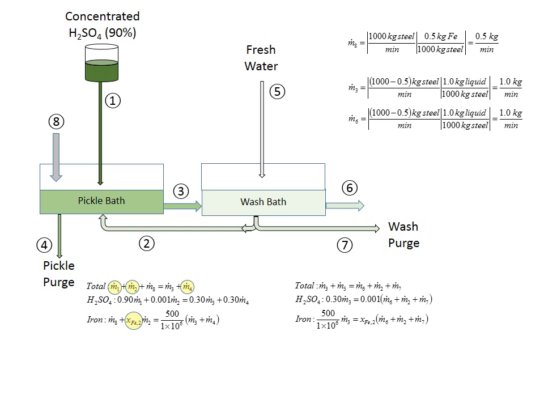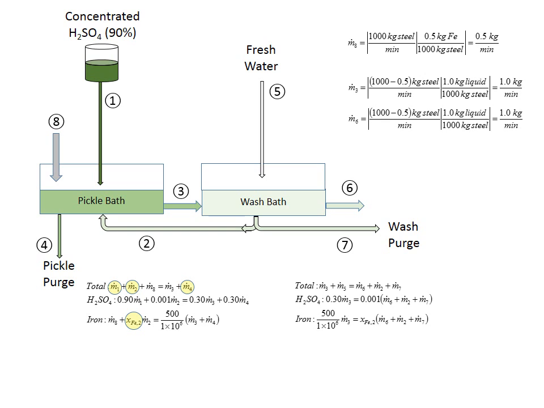Stream 3 contains all the sulfuric acid entering the wash bath process, and it is at a mass fraction of 0.3. And then leaving our wash bath, we have a concentration of 0.1% or 0.001 mass fraction, and we'll multiply that by the 3 streams leaving, m.6, m.2, and m.7.